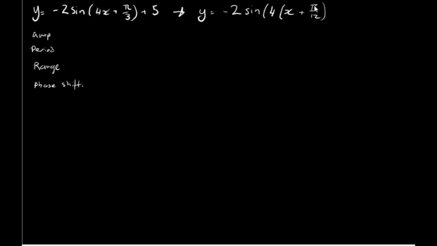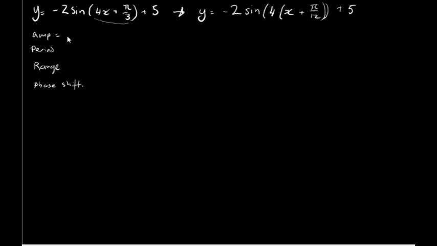Okay, 4 times pi on 12 gives me pi on 3. So I'm just doing that and then plus 5. The reason we do that is because this indicates we've got a phase shift, and this gives us a dilation. So we need it in this form, not in this one here.